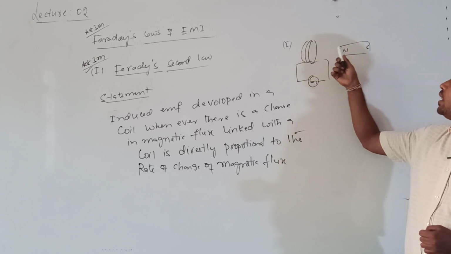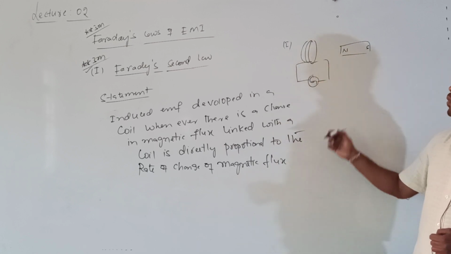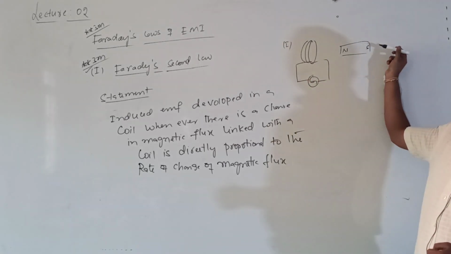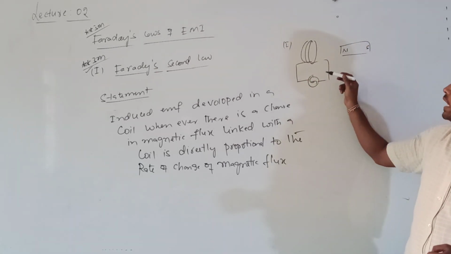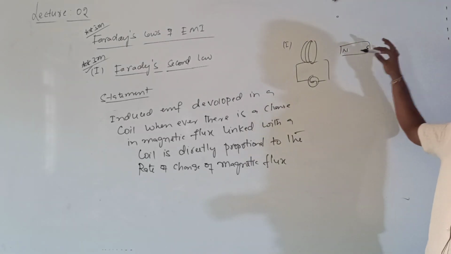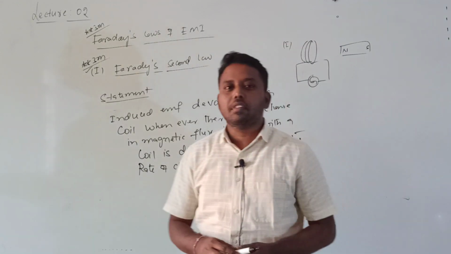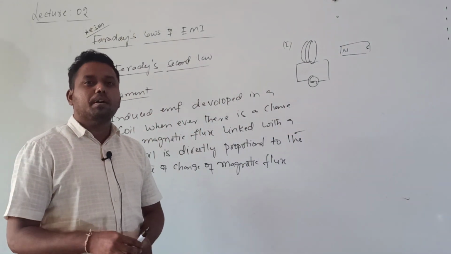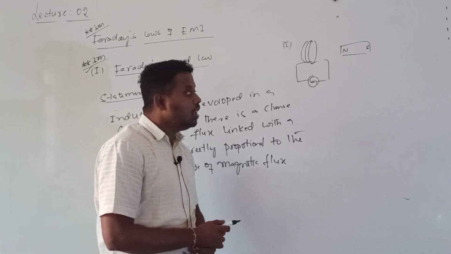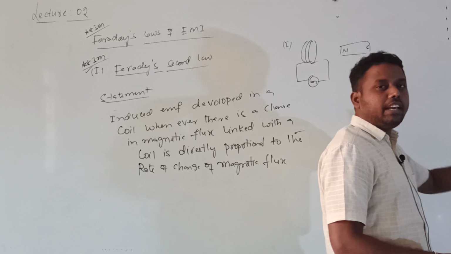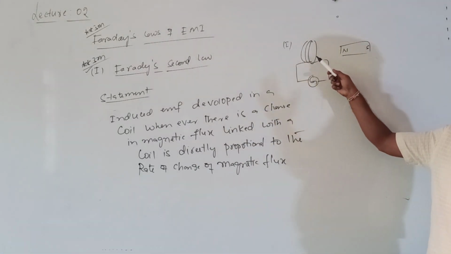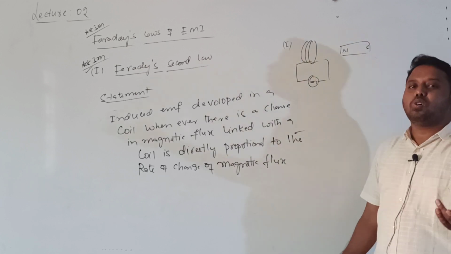Now by taking the coil and magnet experiment, what they observed is that by keeping the coil at rest, whenever a bar magnet is moving towards the coil, the galvanometer shows deflection. If the bar magnet is moving fast towards the coil, the deflection is more. If the bar magnet is moving slowly towards the coil, the deflection is less. Why is deflection more? Whenever the bar magnet is moving towards the coil fast, the flux linked with the coil changes more.